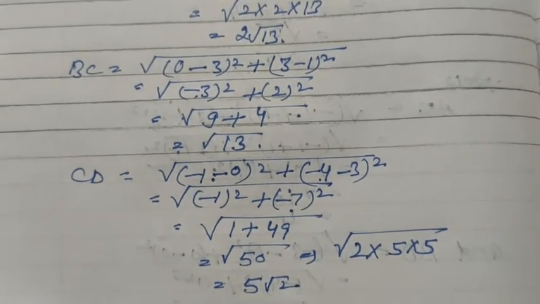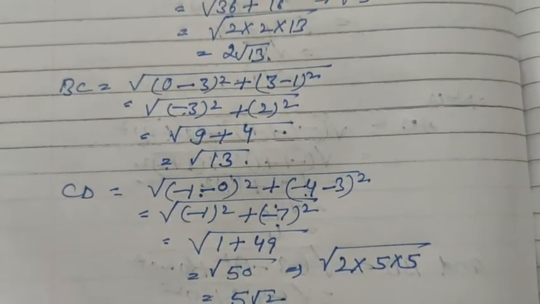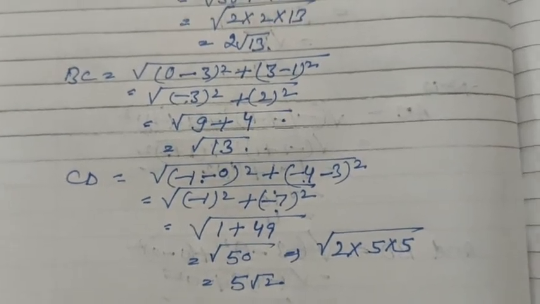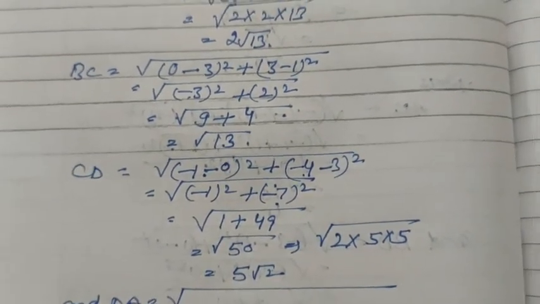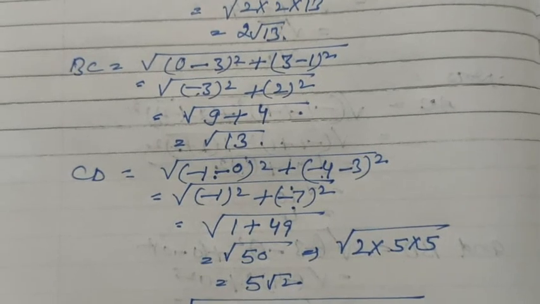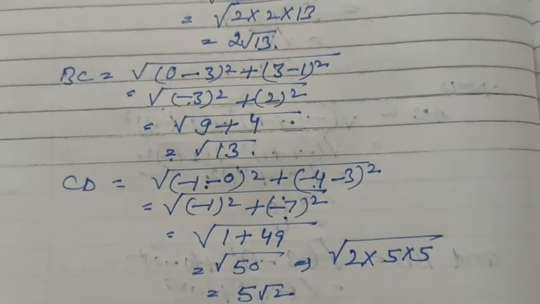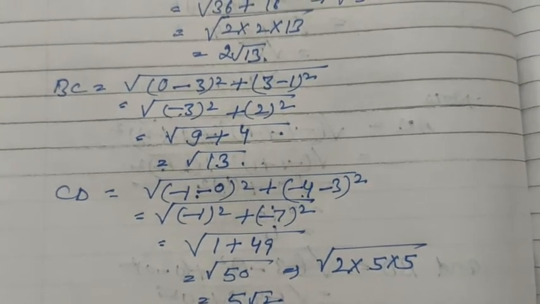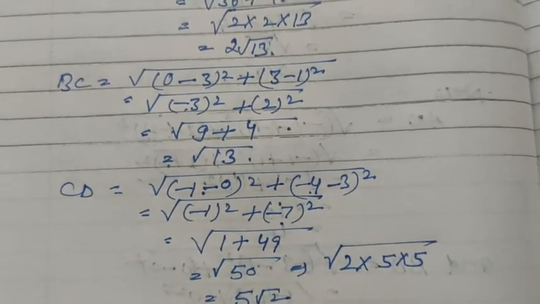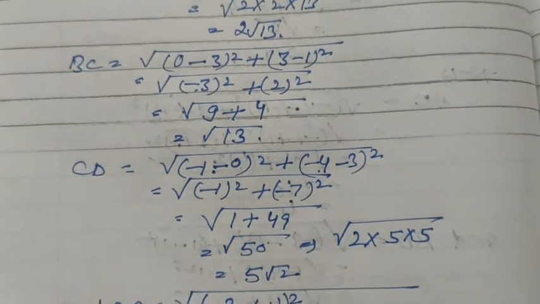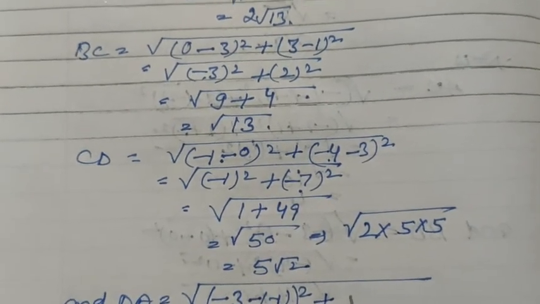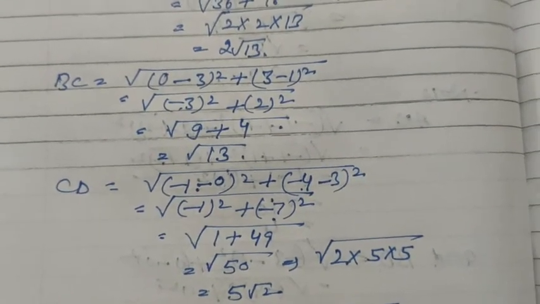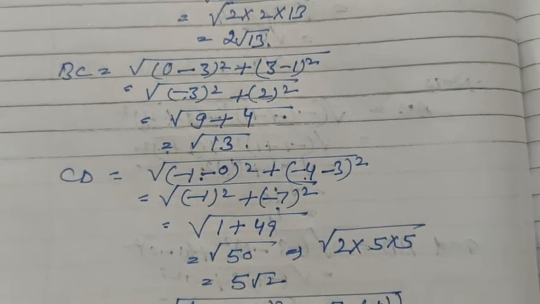Now DA or AD, the fourth side of this quadrilateral. A minus D means x1 minus x4, which will be minus 3 minus of minus 1 becomes plus 1. Plus y1, that is 5, minus y4, this is also minus of 4.